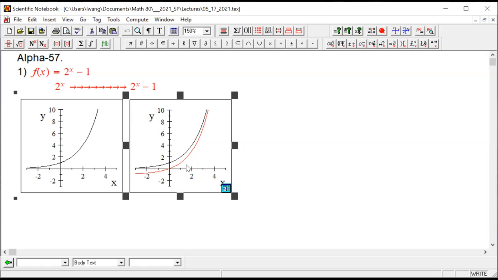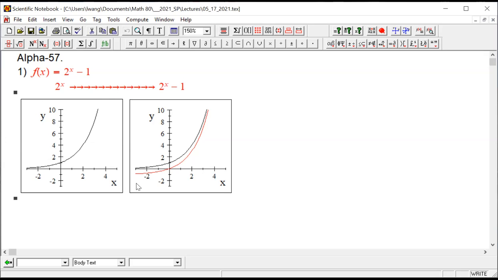As a result of this shifting, domain and range need to be adjusted. For 2 to the power x, the domain is what? All real numbers. For 2 to the power x minus 1, what will be the domain? It's still all real numbers, but the range has changed, because everything in the range of 2 to the power x will be shifted by minus 1. And you can see the horizontal asymptote.